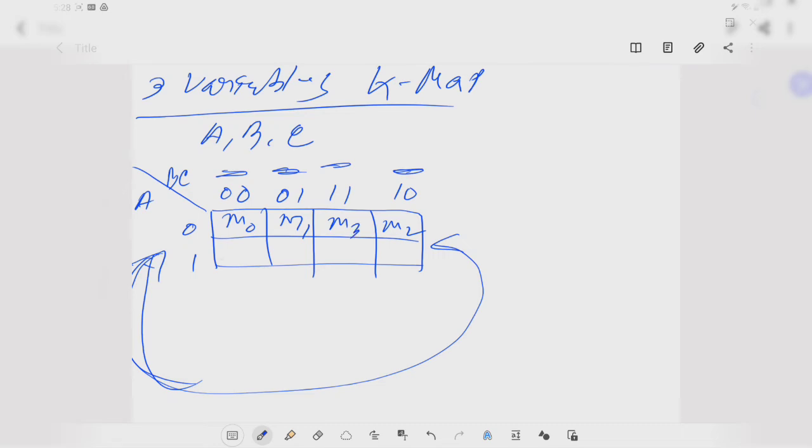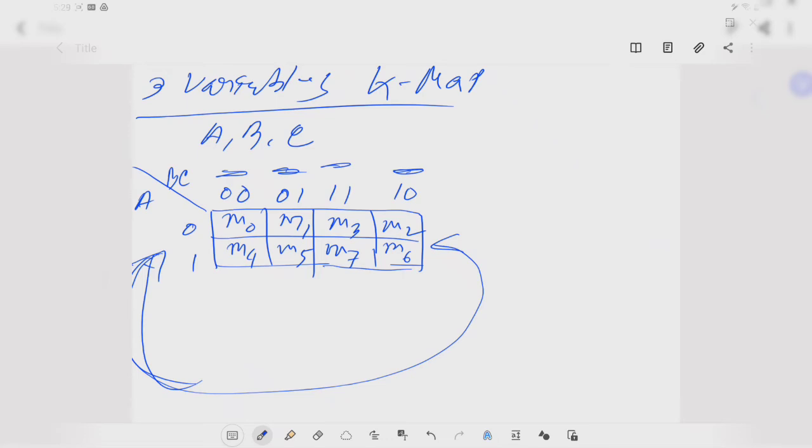So M0, 1, 2, 3, M4, 5, 6, and 7. So that's a 3 variable K-map.